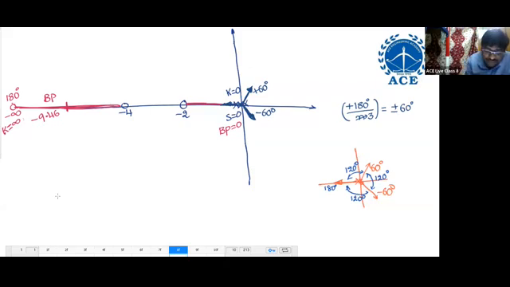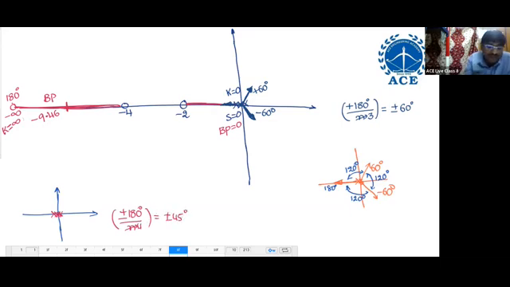For example, there are 4 poles here. How do they leave? It should leave by maintaining plus or minus 180 by n. n is how much? 4. It means they should leave with plus or minus 45 degrees.